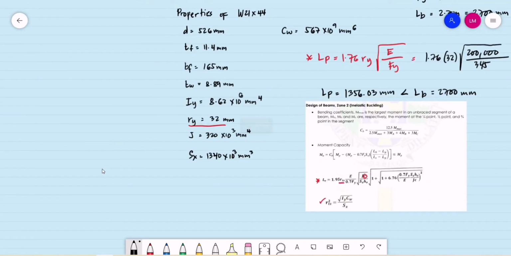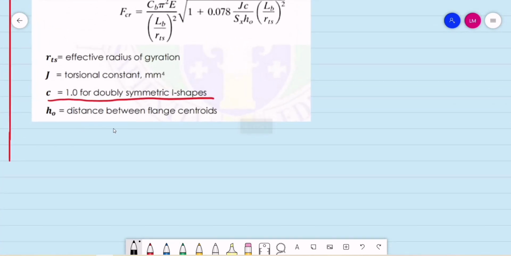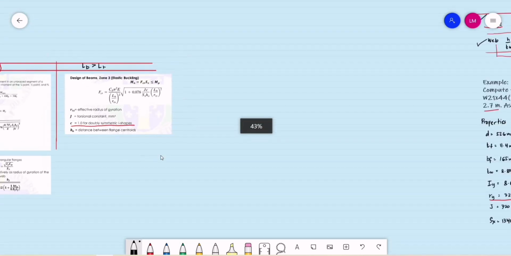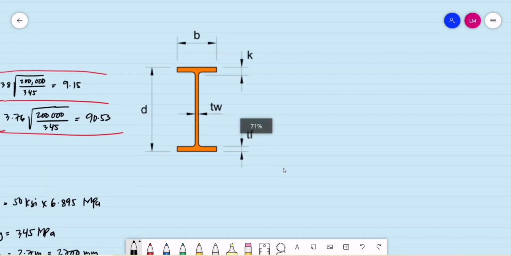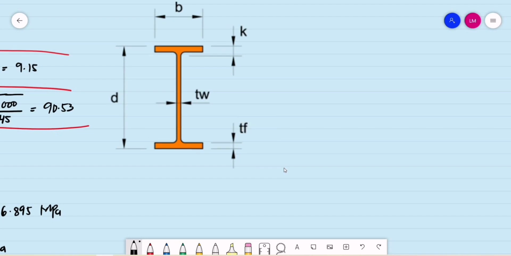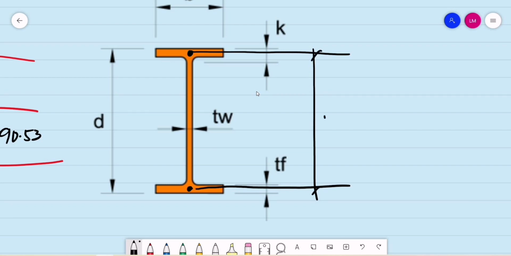So h sub o, by definition again, is the distance between the flange centroids. So how do we compute the value of h sub o? The centroid of this upper flange, I hope you can see that green dot, or maybe you can use black ink, and the centroid of the lower flange. If we measure this distance, that will be our h sub o.